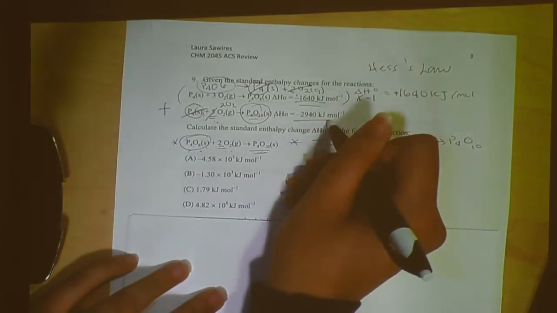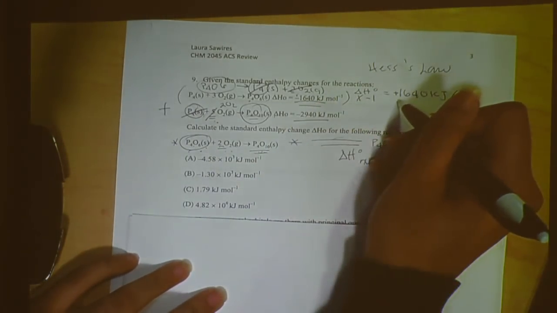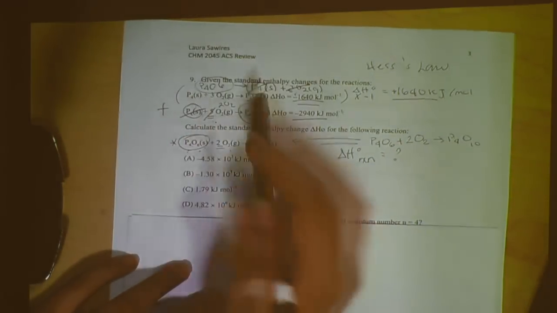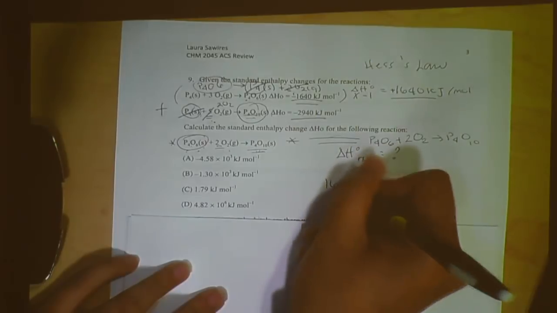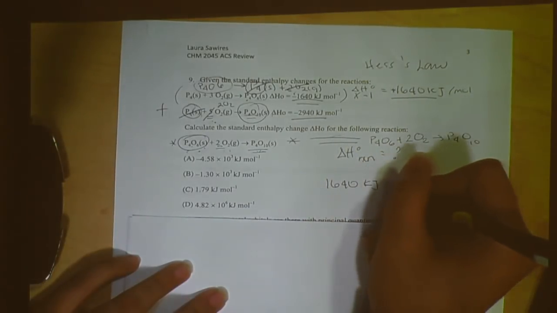So now, I have a delta H that is negative 2940 and a delta H that is positive 1640. Because we added the two equations, I also add the delta H's, and that gives me the overall delta H of the reaction. So it's the positive 1640 plus the negative 2940.